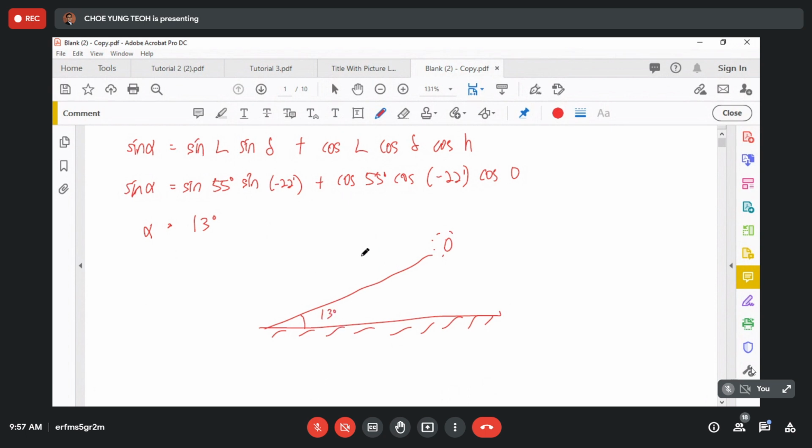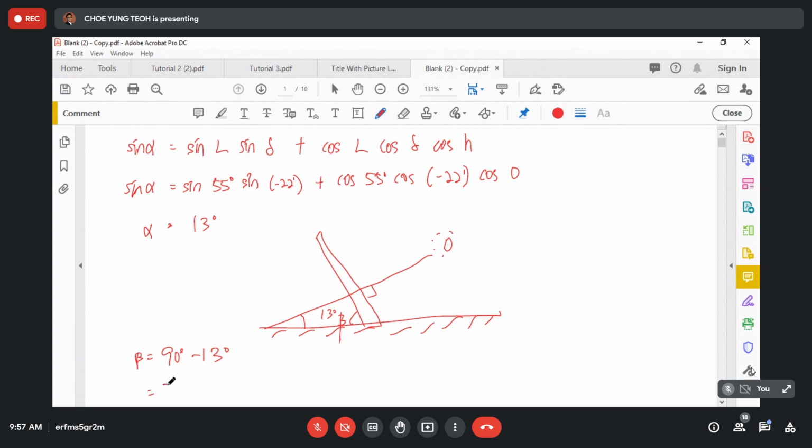So if I want to get most of the sunlight, I need to put the panel perpendicular to the direction of the sunlight. So this is the tilt angle. Beta will be equal to 90 minus 13.